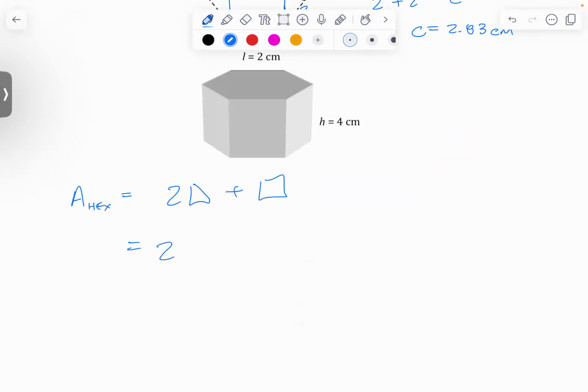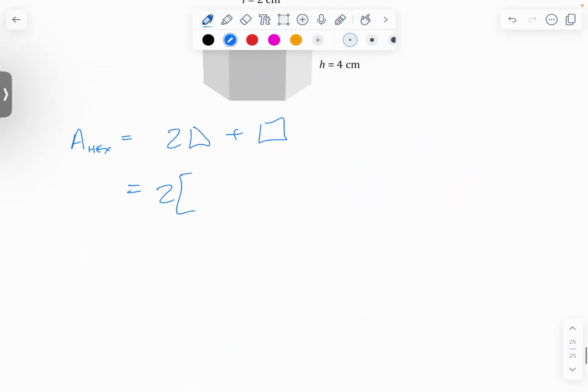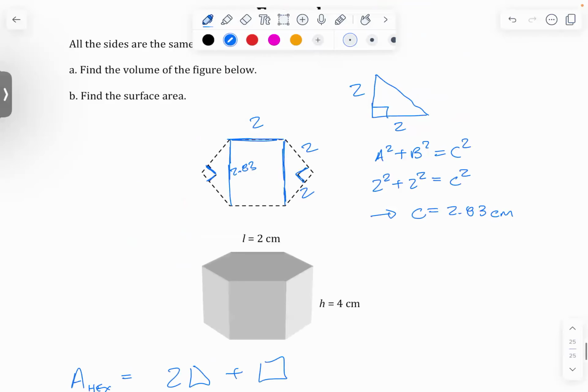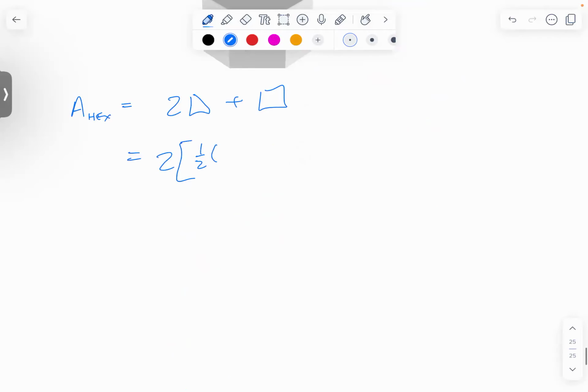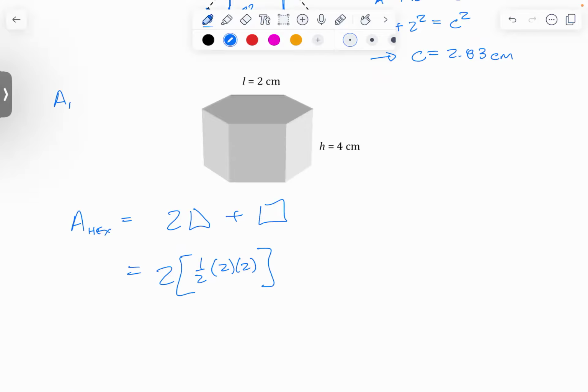The area of my hexagon is 2 triangles plus a rectangle. My triangles, by definition, I can use A equals 1/2 times the base times the height. 1/2, 2 times 2. Base is 2, height is 2. For a rectangle, that's just length times width.